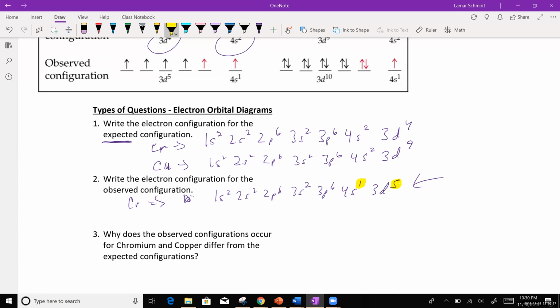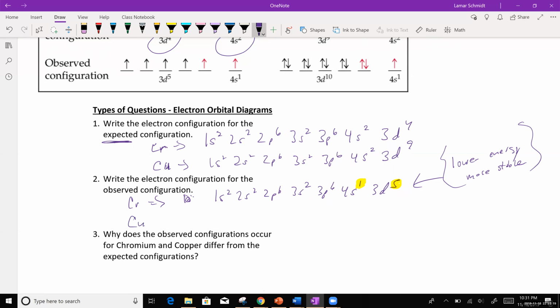And the reason is that it causes the atom to have lower energy and to be more stable. And so that's the reason why that happens.